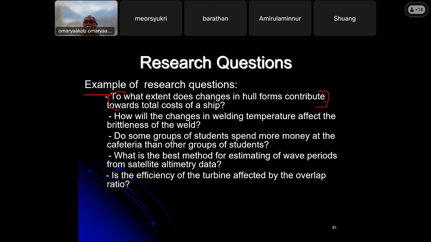So I must determine what shape to choose. No, I want to know this one. If this is the research question, what is the objective that is associated with this? The objective is to adapt the shape to follow the change of the use.